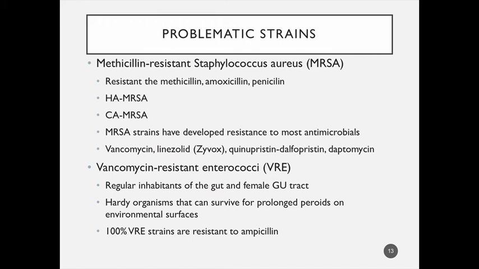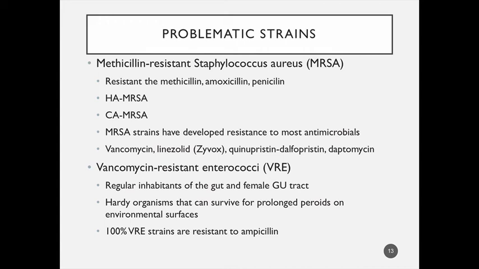So for a while, the only drug that worked was vancomycin, which is a cell wall synthesis inhibitor. But what we've seen in recent years is there's resistance appearing also to vancomycin. There's a couple newer drugs, which I put on the slide there, linezolid. I have a hard time saying that one.